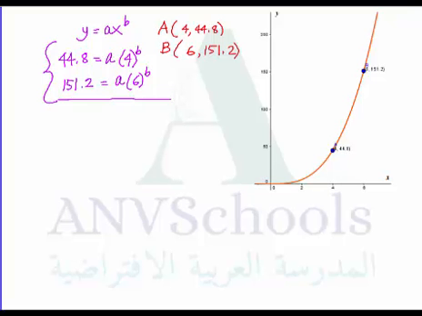We are going to get the ratio between the 2 equations, so we have 44.8 over 151.2 equals, we can cancel our a now, 4 raised to b over 6 raised to b.